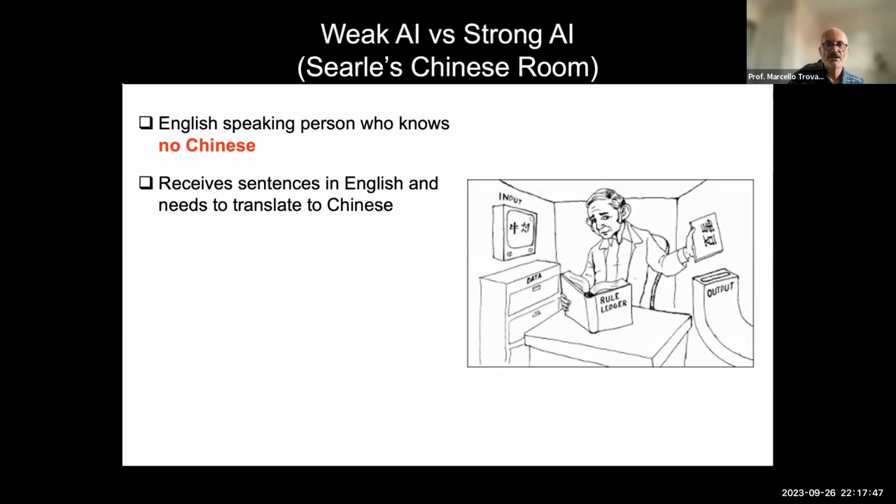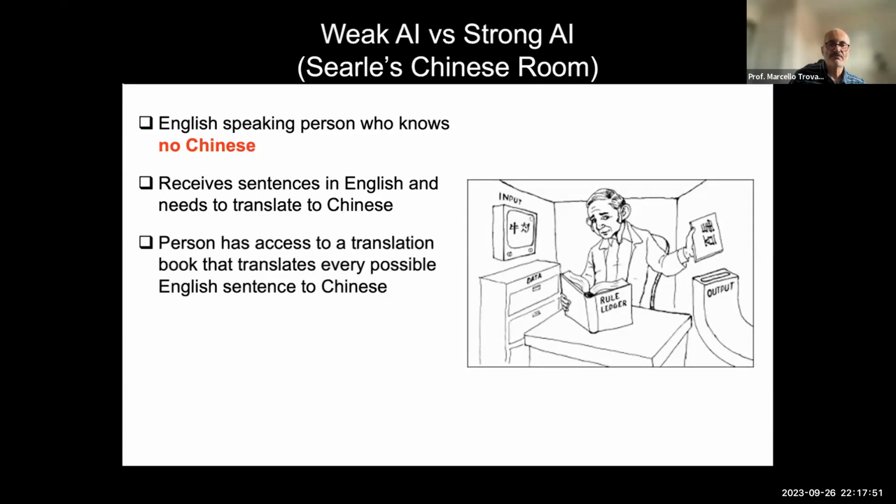He can only understand English. So he receives some sentences in English and needs to translate them to Chinese. He has a rule ledger, so he has an instruction. He will look it up in his book, and he will have a translation.